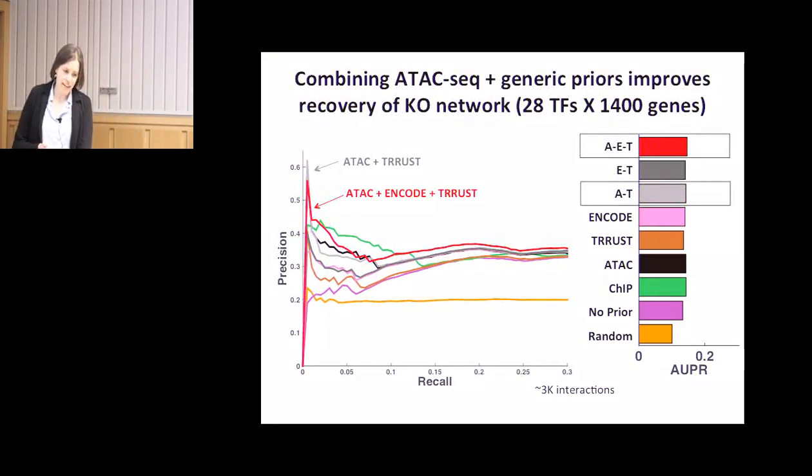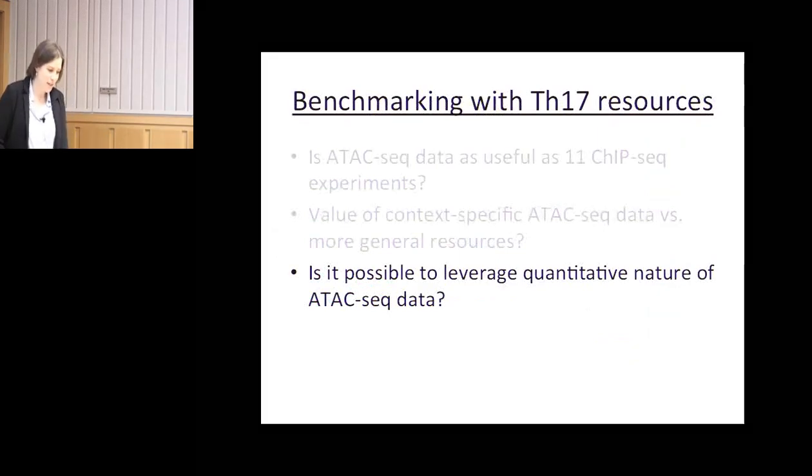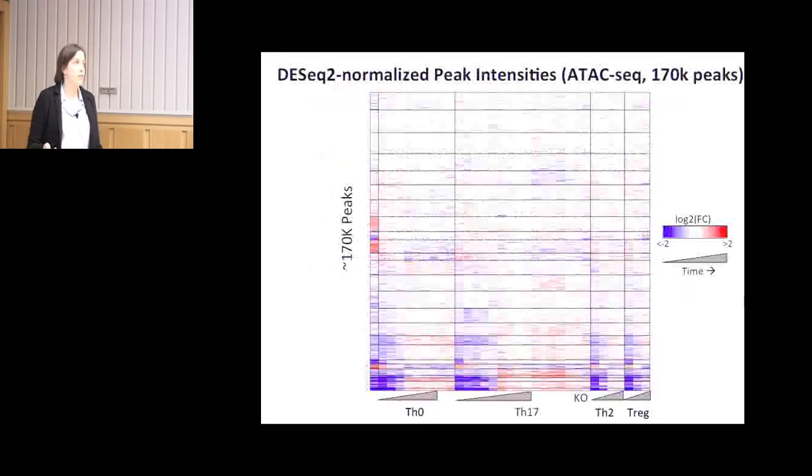The one last Th17 benchmarking comparison that I want to show you is this. I told you about how I generated a simple ATAC-seq prior, but up until now, I haven't shown you any ATAC-seq data. One of the cool things about these data sets is they are quantitative, so you can treat them in a quantitative manner.